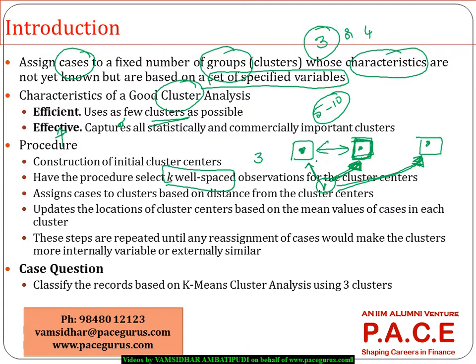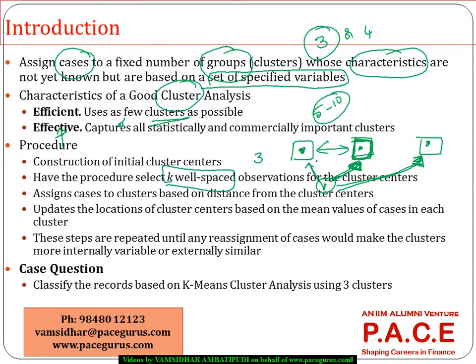So all these kinds of manipulations and all these kinds of differentiations have to be brought out in an iterative fashion. We'll see in our analysis also how each of the iteration is actually improvising the cluster center and the categorization of the cases to the various groups.